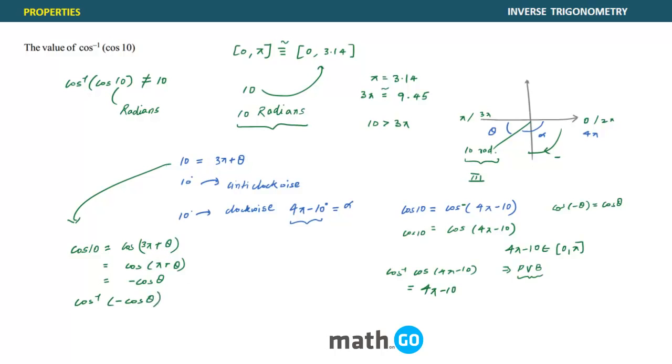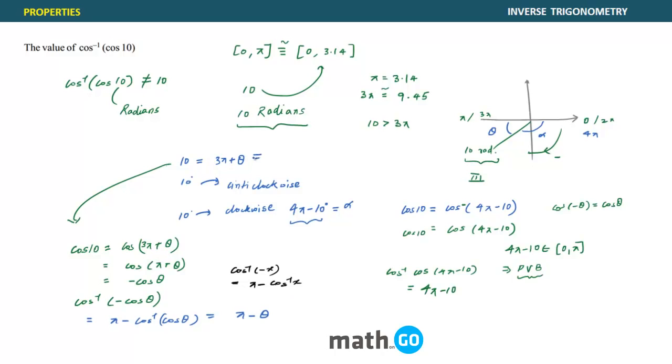We did this earlier also, and we will be doing this in the formula section as well, the property that cos inverse minus x is nothing but pi minus cos inverse x. If we know this property, this value would return pi minus cos inverse cos theta, or we can say pi minus theta.